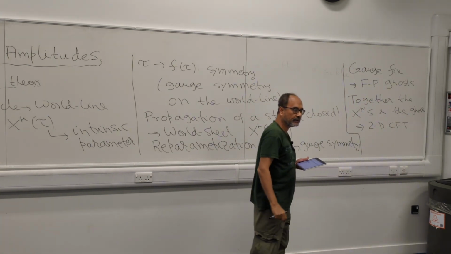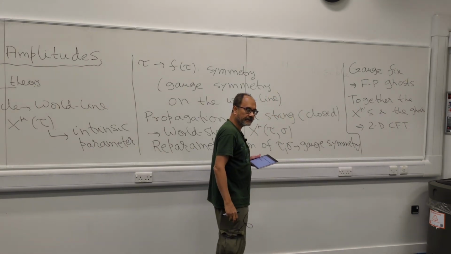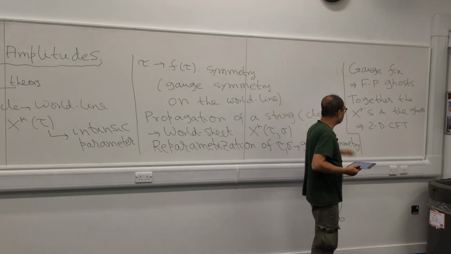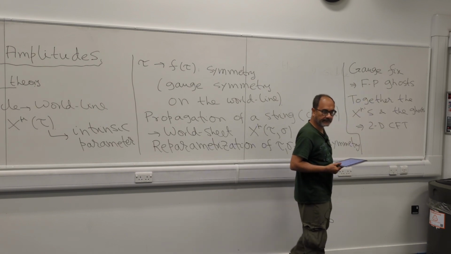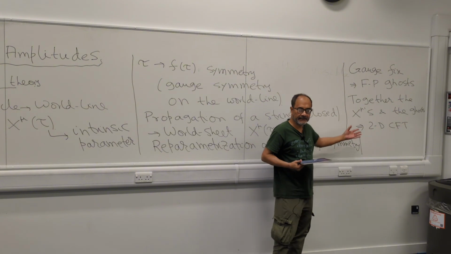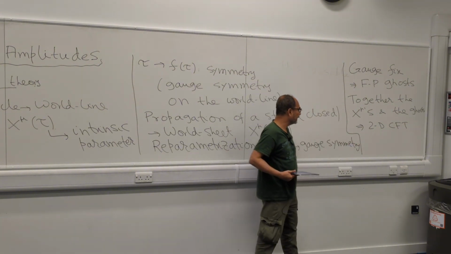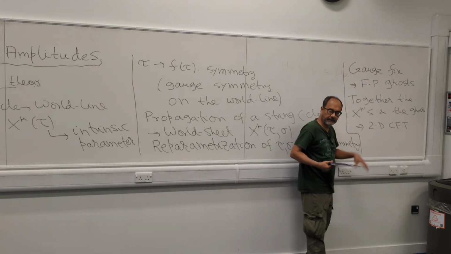So what I am going to do is to now write down the various features of this two-dimensional CFT that we get by quantizing a string and gauge fixing the reparametrization that is there on the worldsheet. I will not tell you how exactly the precise form of the worldsheet CFT is derived, but that's standard gauge fixing procedure of a gauge symmetry.